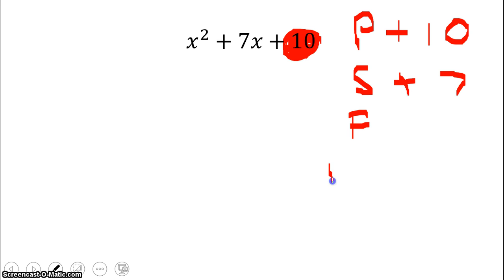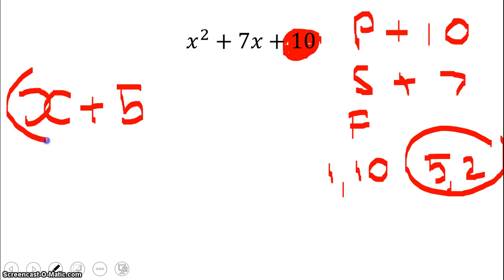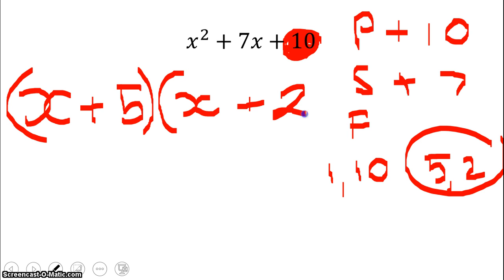So we can make 10 using 1 and 10, but they don't add to 7. We can make it using 5 and 2, and that adds to 7. So that's going to be our factors. So we can then write it as x plus 5, x plus 2. So for fairly simple ones, it's just a matter of writing out the factors.